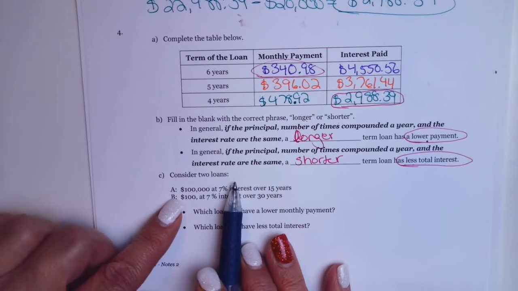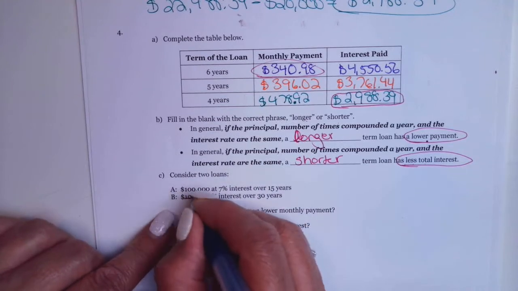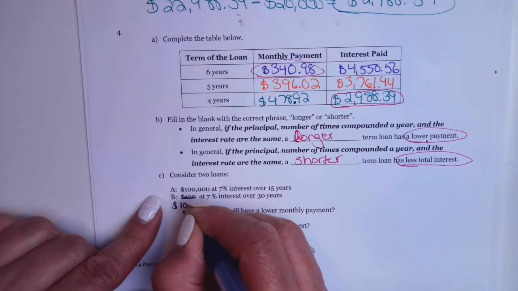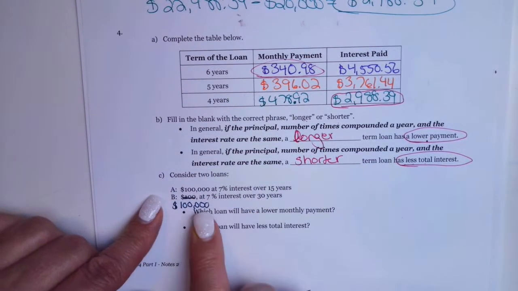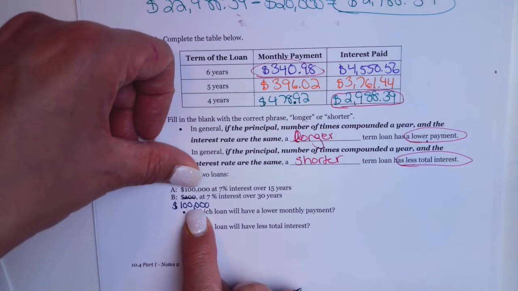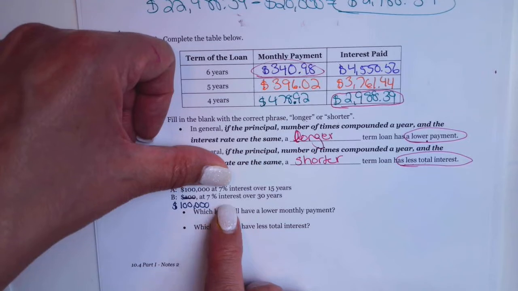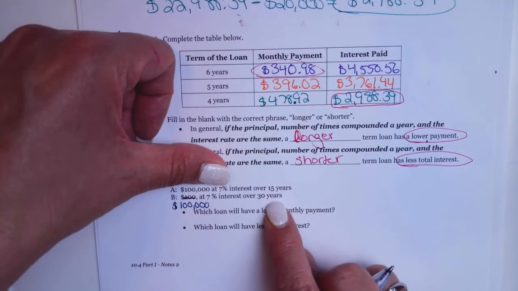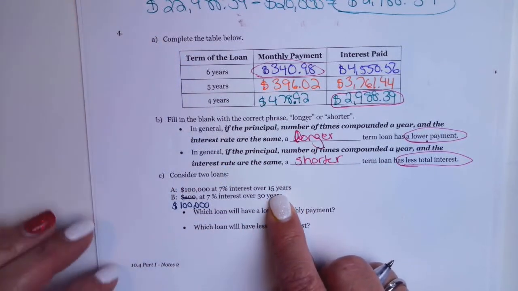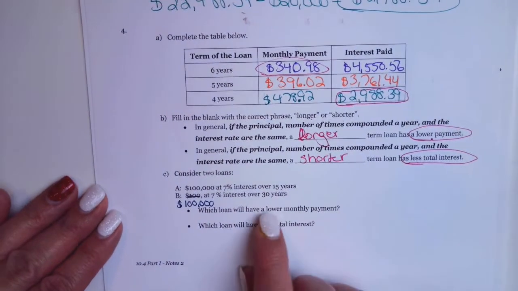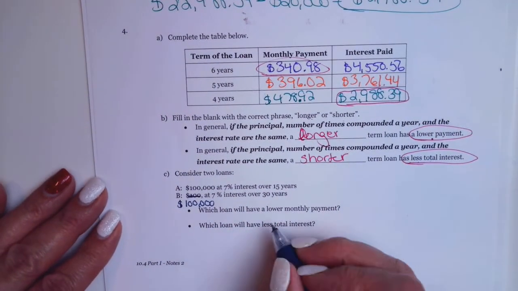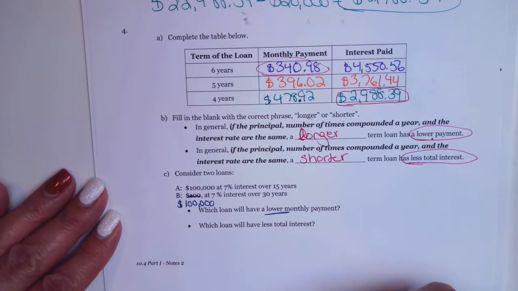C, consider two loans, and now there's a mistake here. This should be $100,000 as well. So again, we have the same principal, the same amount financed, the same rate, but over different years. And again, we're compounding the same. Which loan will have a lower monthly payment?